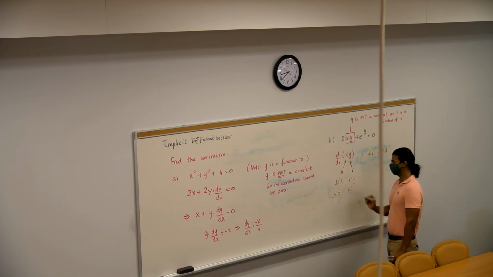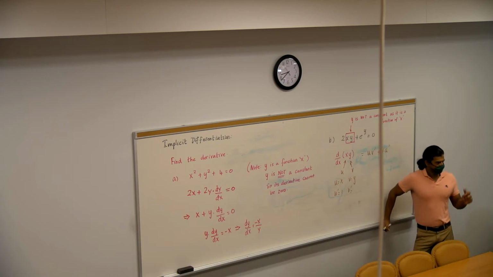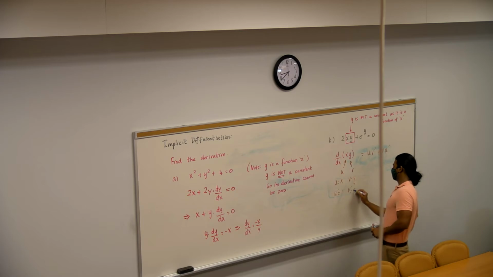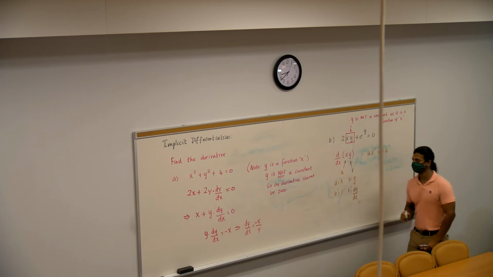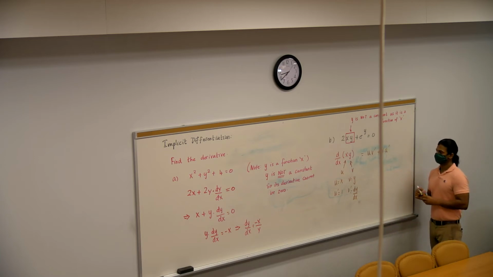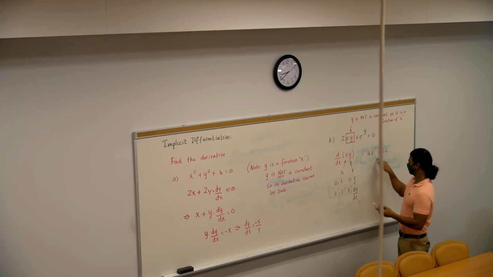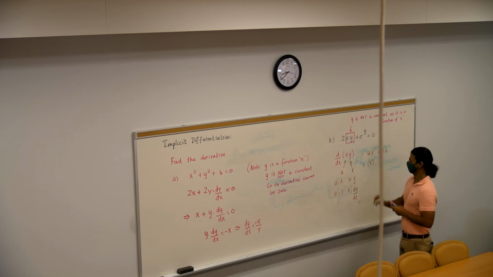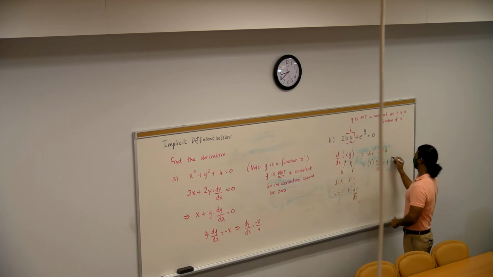V prime, on the other hand, is not 0, again because y is a function of x. So what we will have here is dy over dx. We can take those and plug it in here. U is x, v prime is dy over dx, v is y, u prime is 1.